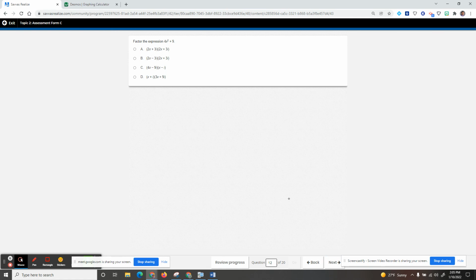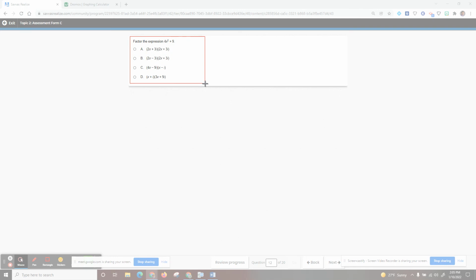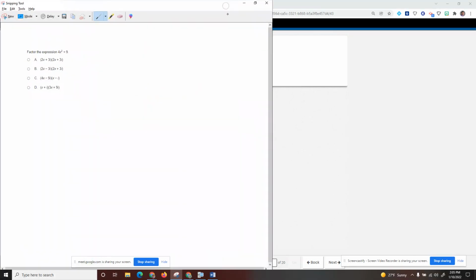All right, factor this expression. So one of the first things we talked about when we did difference of squares is that it only works when it's a square minus a square. But then we talked about imaginary numbers. And you can do a square plus a square if you convert this into a difference, right? So I can turn positive 9 into negative 9 times negative 1, right?